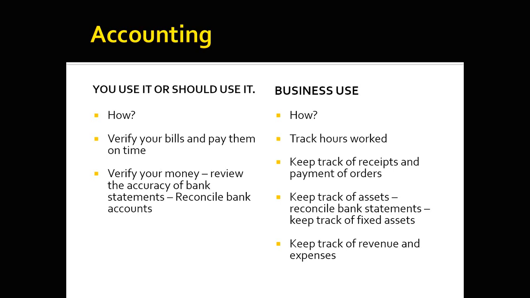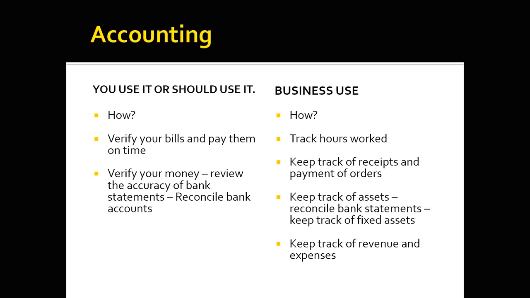Businesses use accounting in the same way. They're going to track hours worked for employees to make sure that they're paying enough or that they're not overpaying them. They're going to keep track of their receipts and payments of orders. They're going to keep track of their assets. They're going to make sure that they're fixed assets.